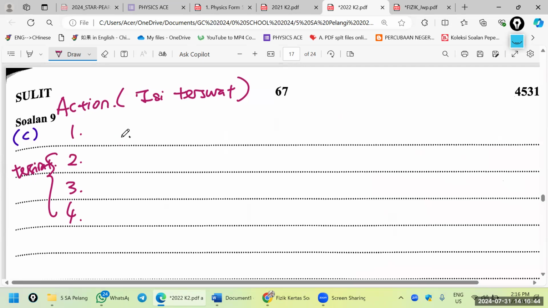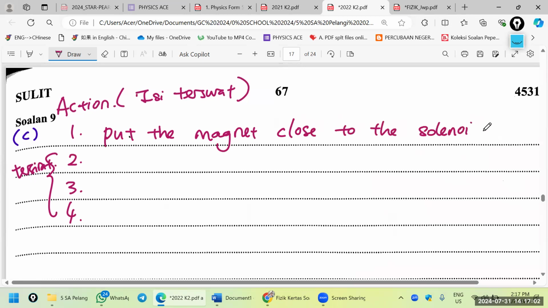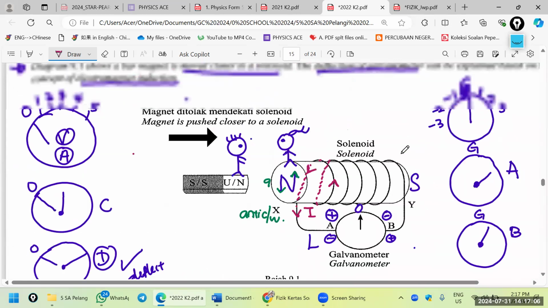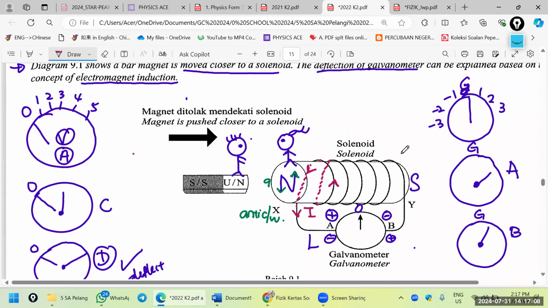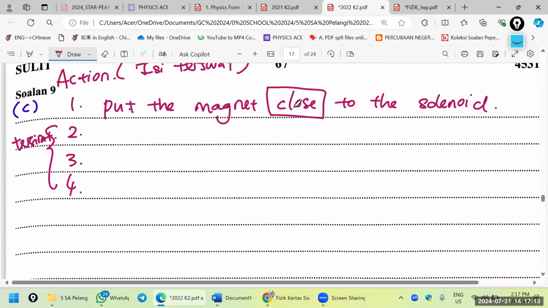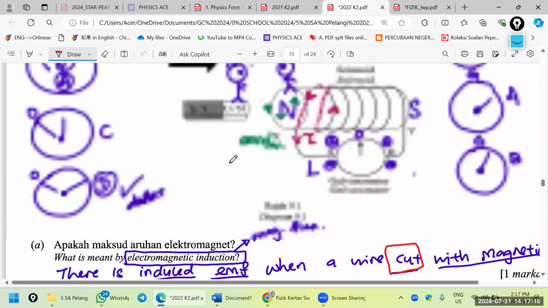You magnet. Okay, we can say put the magnet close to the solenoid. Can we use put? Okay, one more thing. Close. Can you see close?